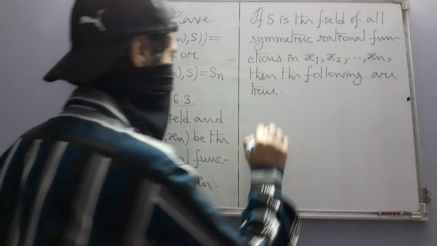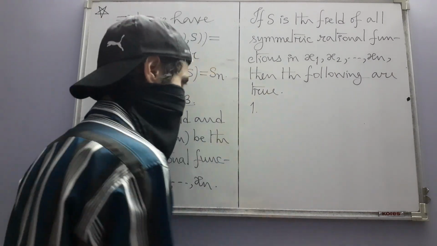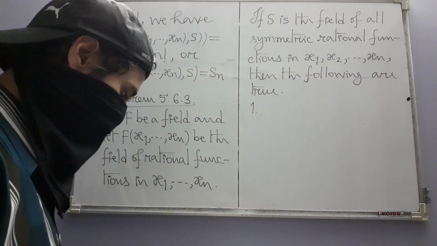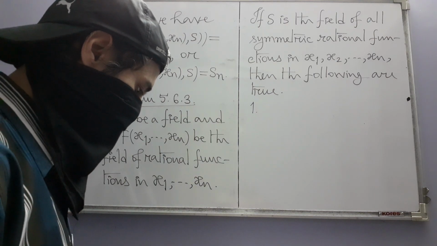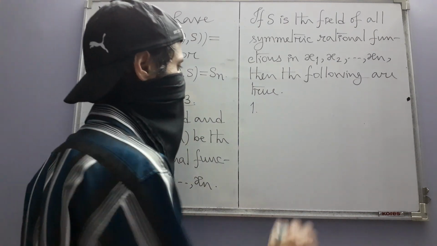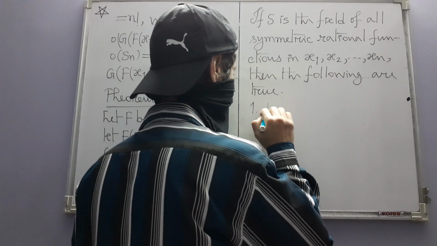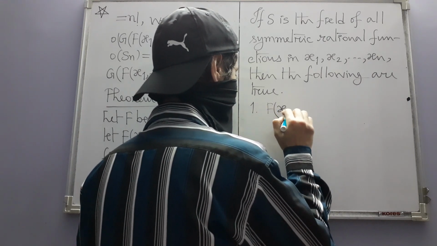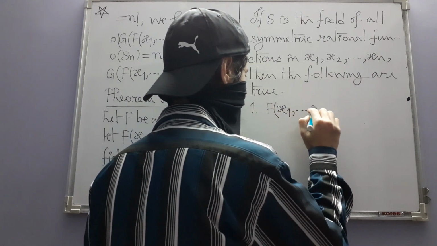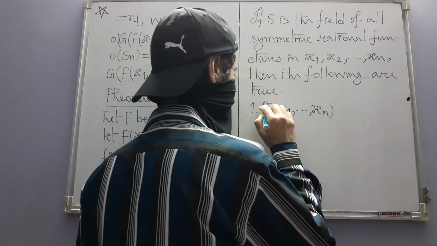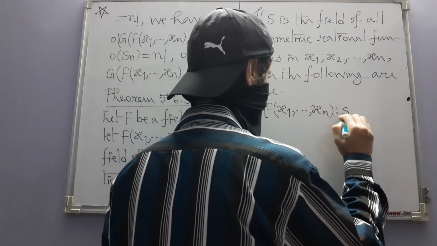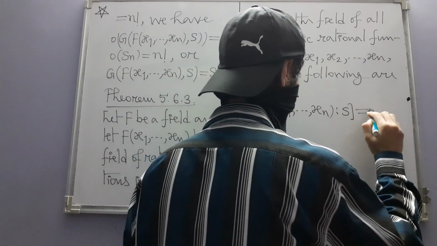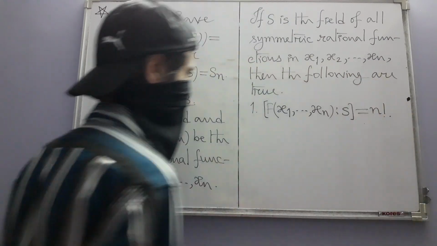Number 1. Do we have it as number 1, 2, 3, 4 or A, B, C, D? 1, 2, 3, 4. Number 1. The degree of our field of rational functions over the subfield of symmetric rational functions is n factorial.